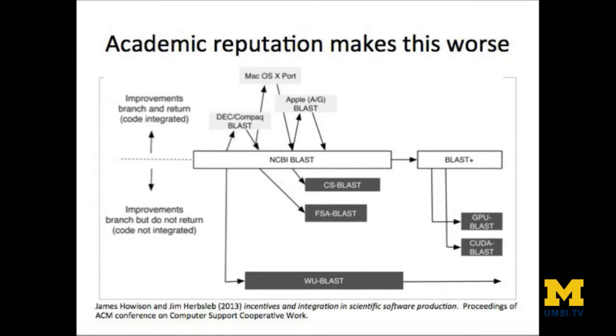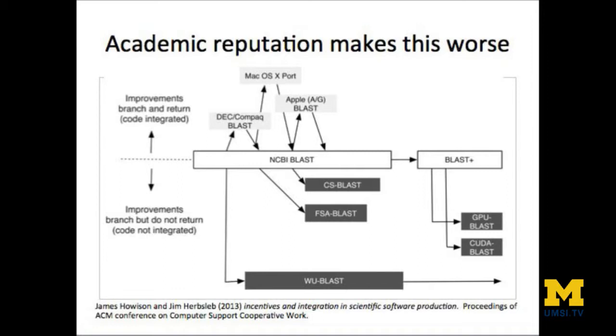The problem of not getting inputs from the edge is really strongly made worse by academic reputation. In 2013 at CSCW, Jim Herbsleb and I published this paper. This looks at all the external contributions to NCBI BLAST. All the ones up here, fork and return, had multiple different types of incentives: fun, complementary goods.